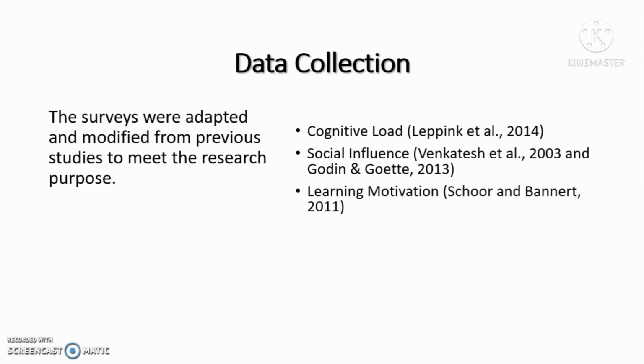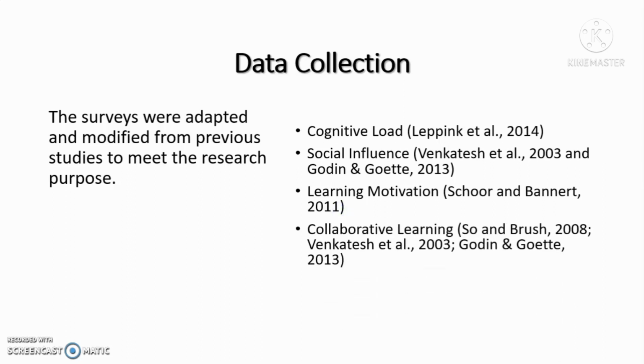For learning motivation measurement, this study employed survey developed by School and Bannett. While for collaborative learning, the study adapted the survey developed by So and Bruce, Venkatesh et al., and also by Godin and Guta.